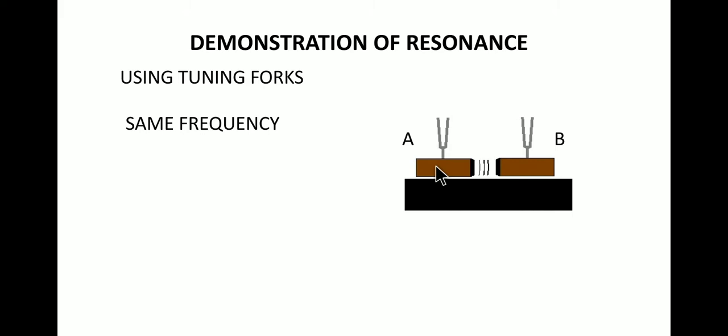These air particles send the vibration and energy towards the air particles in box B. The forced vibration from the air particles in sound box B sends the vibration to tuning fork B, and tuning fork B starts vibrating by itself. This is because of resonance.